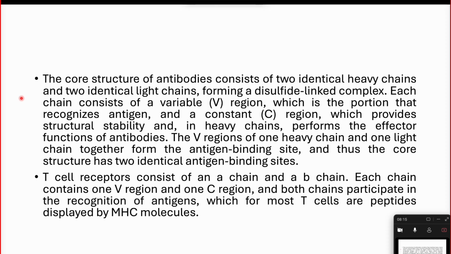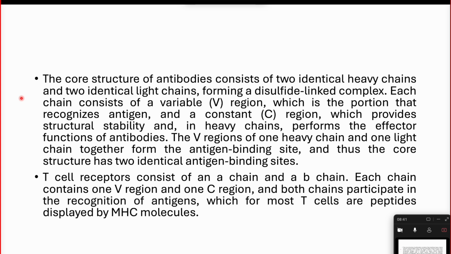The core structure of antibodies consists of two identical heavy chains and two identical light chains, forming a disulfide linked complex. Each chain consists of a variable region, which is the portion that recognizes antigen, and a constant region, which provides structural stability and, in the heavy chain, performs the effector functions of antibodies.